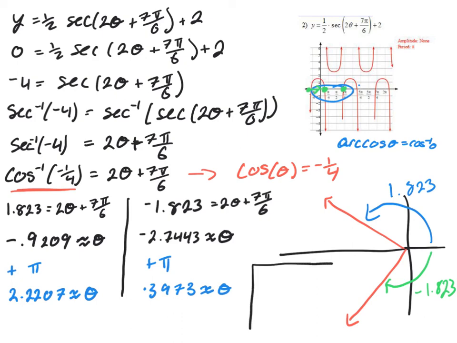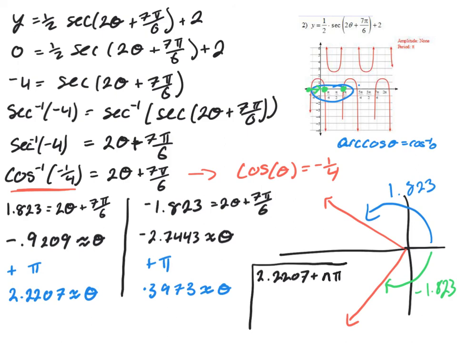We can list our x-intercepts. So the first one is going to be 2.2207 plus, every forward movement of a period, so n pi. So that's the period of a function here, not necessarily the period of this function here.